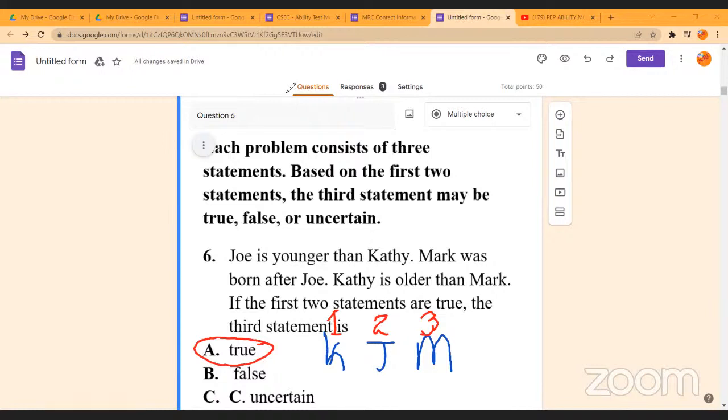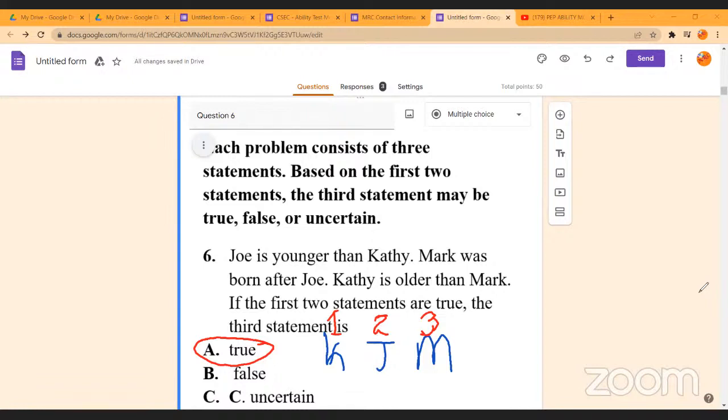Yes, miss. How is it you know it's true? Because first we looked at Joe, which Joe is younger than Kathy, and we say that Mark was born after Joe, means that Joe was born before him. So Mark would be the youngest. Ah, well done. Continue.